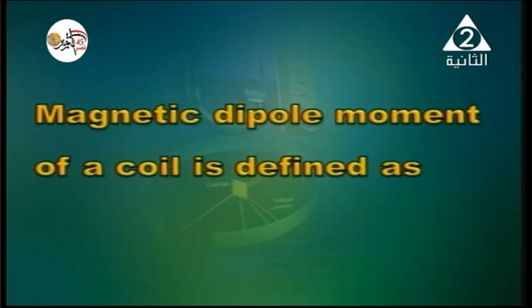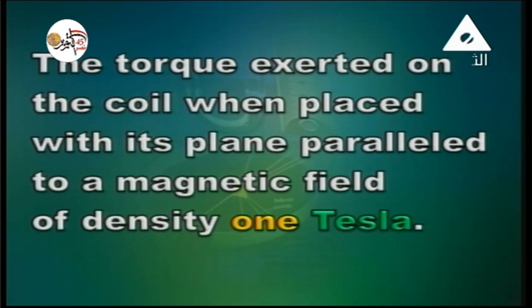Magnetic dipole moment of the coil is defined as the torque exerted on a coil when placed with its plane parallel to a magnetic field of density 1 Tesla.